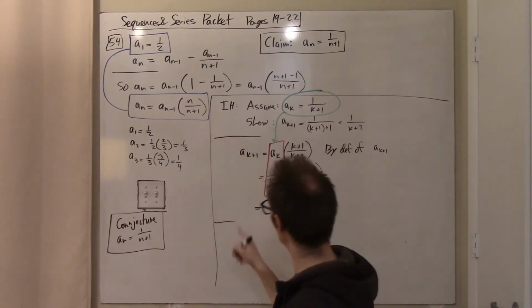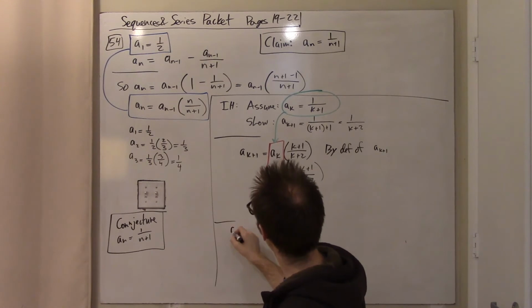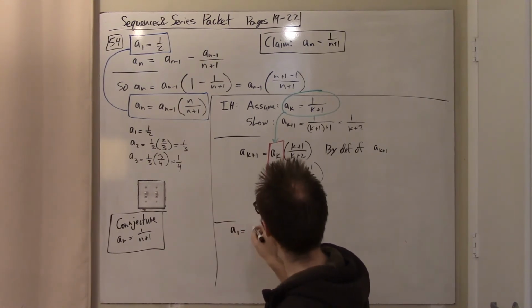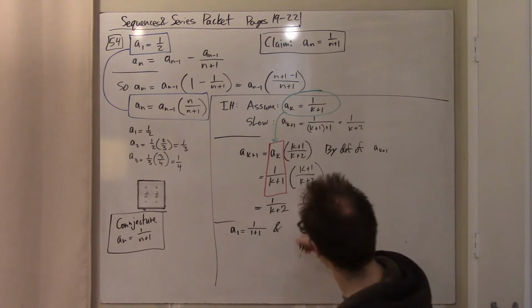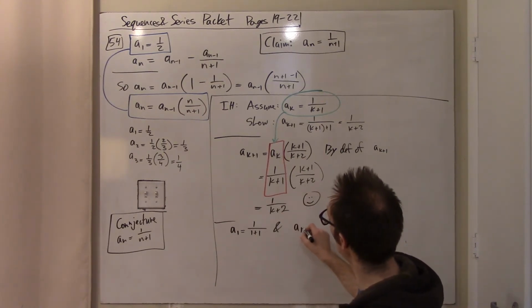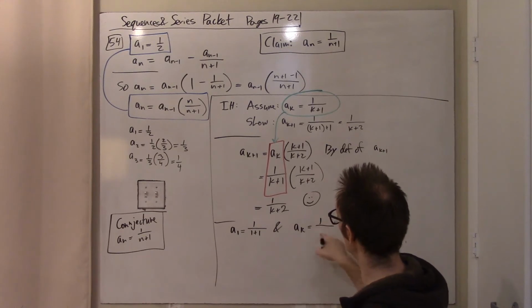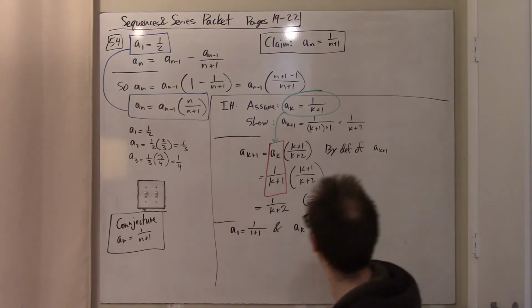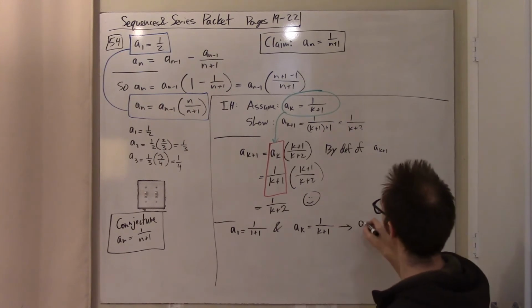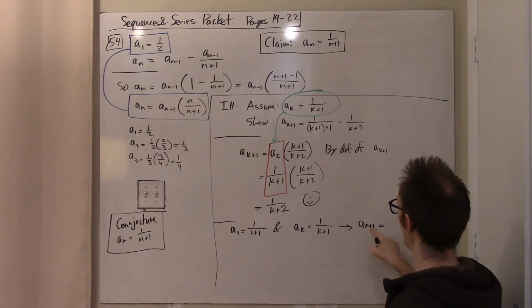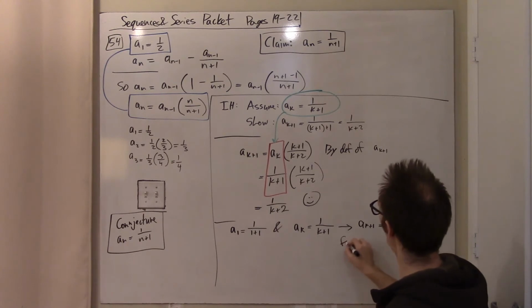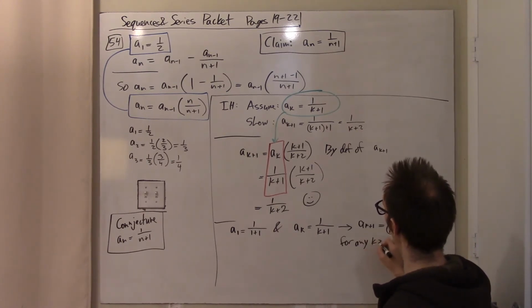What have we shown? We've shown that the first term of this sequence is 1 over 1 plus 1. And we've shown that if you assume that the kth term can be expressed explicitly as 1 over k plus 1, if that's true, then the k plus first term of the sequence can be expressed as 1 over k plus 2 for any k greater than or equal to 1.